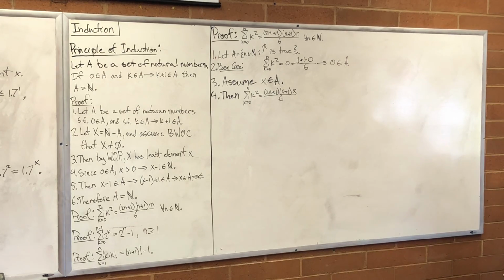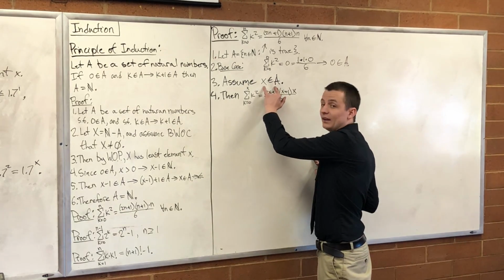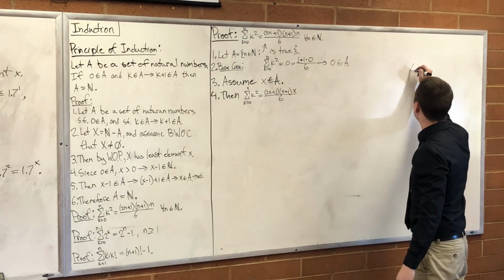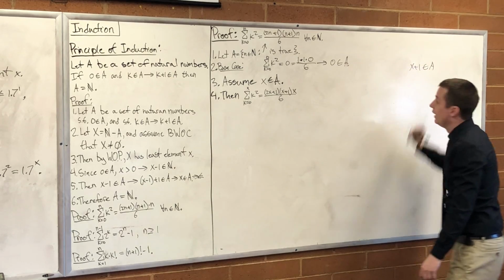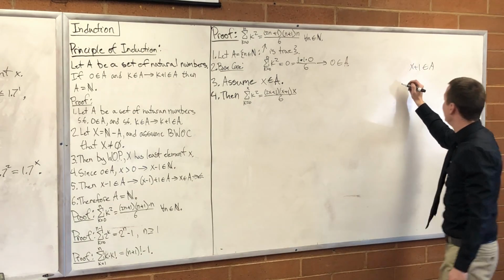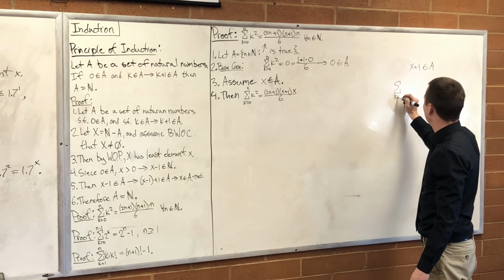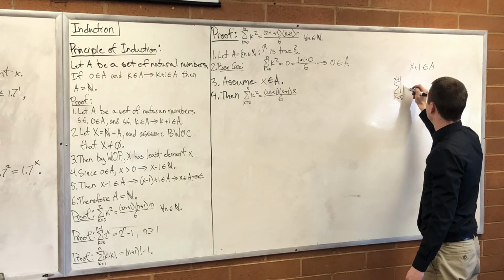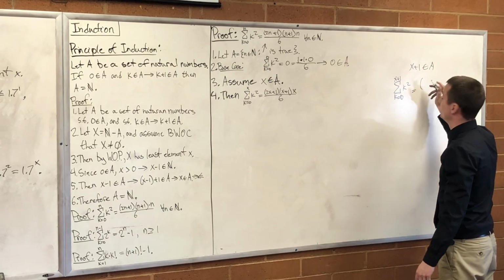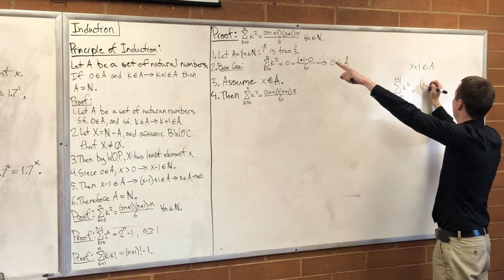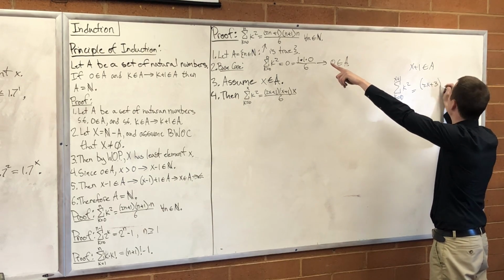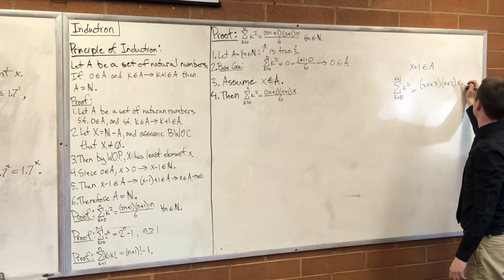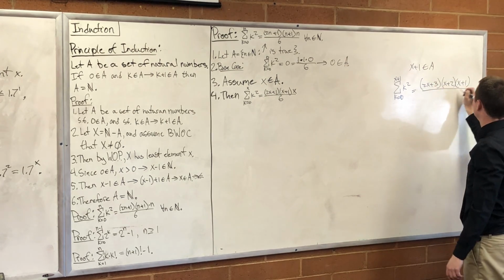Okay. So now we need to show that when x is in A, that implies x plus 1 is in A. So I need to use this information to show x plus 1 is in A. I need to show that the sum from k equals 0 to x plus 1 of k squared is equal to, when we plug in x plus 1, 2x plus 3 times x plus 2 times x plus 1 all over 6.